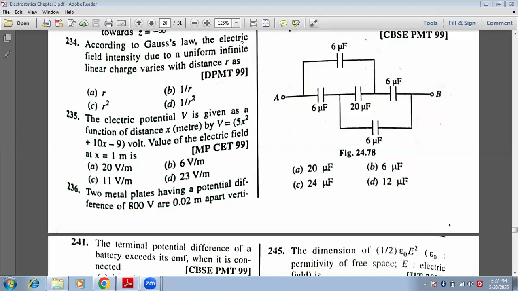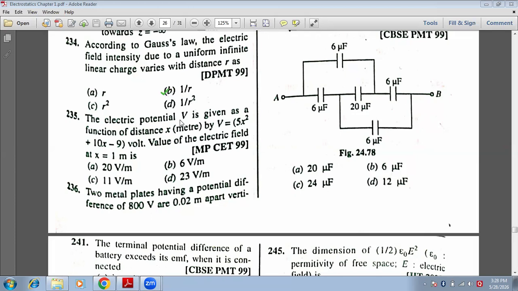According to Gauss law, the electric field intensity due to a uniform infinite linear charge varies with distance r as: option A, r; option B, 1 upon r; option C, r square; option D, 1 upon r square. Correct answer, option B, 1 upon r.